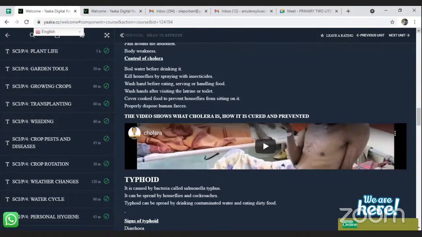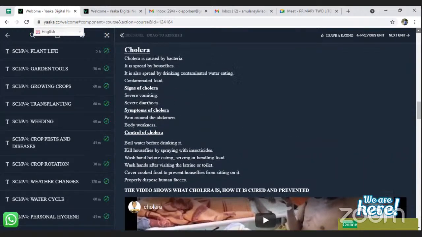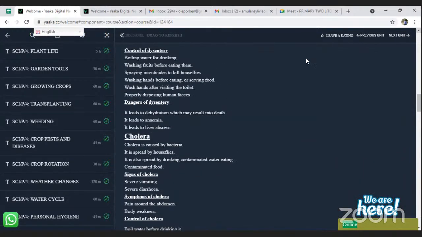When they talk about the cause of typhoid, don't just say bacteria. Bacteria is the main germ, but which category of bacteria? Then there you can say Salmonella typhi, as simple as that.